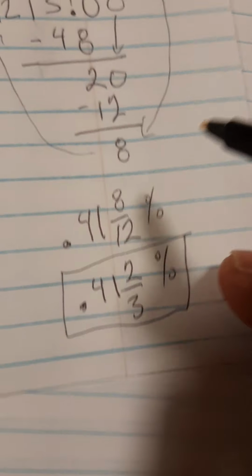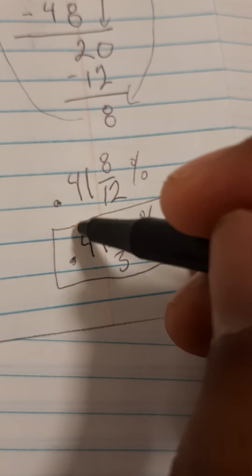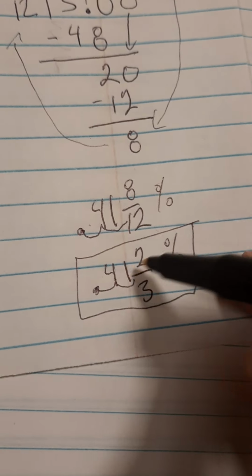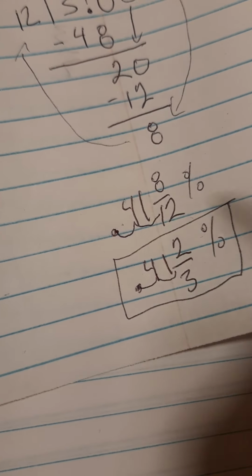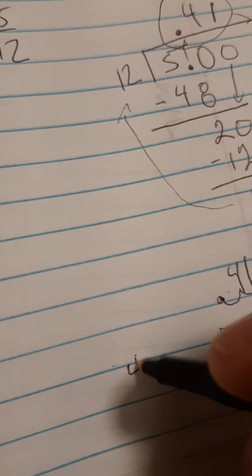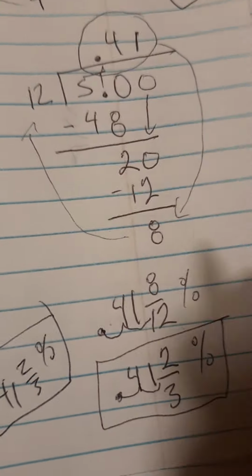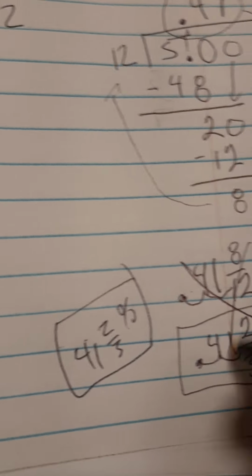Cannot believe I made that rookie mistake. I never moved my decimals over. It's terrible. Bad, Mr. Greer. Smack my hands. Should be 41 2/3. There's the correct answers. So these were wrong.